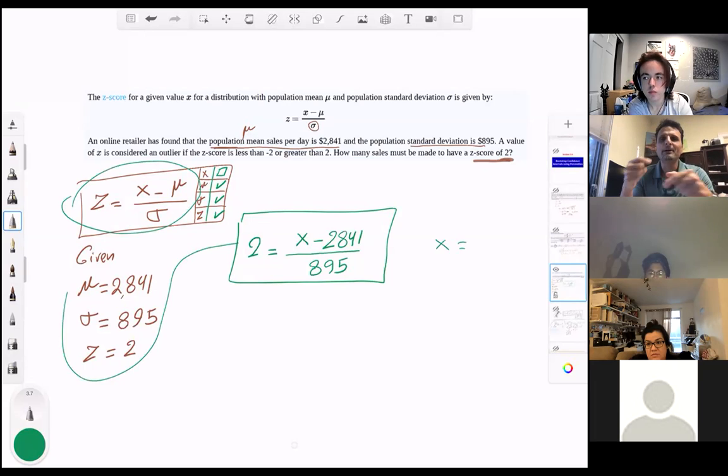Then a little algebra, if you don't solve correctly for x, to me, that means you don't know the z-score. Correct? So in the algebra part, you have to be very careful to solve for x without any mistake.